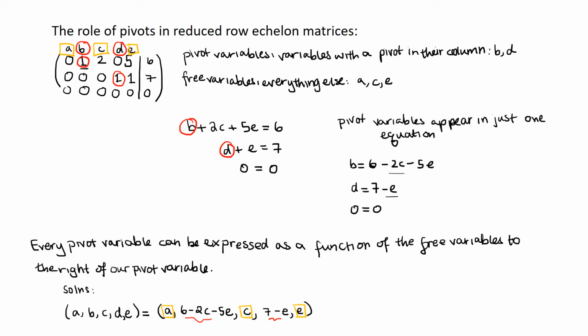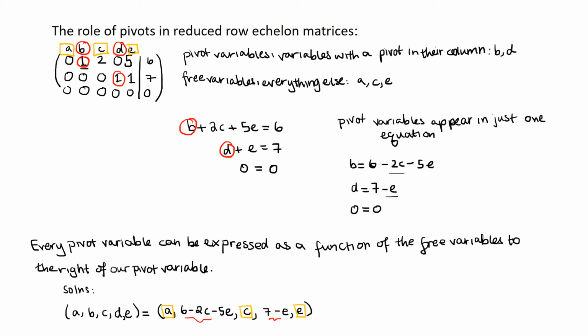So in some ways, there's nothing super special about B here. On the other hand, though, being a pivot variable gives us some advantages that make us prefer to use pivot variables once we're in reduced row echelon form.